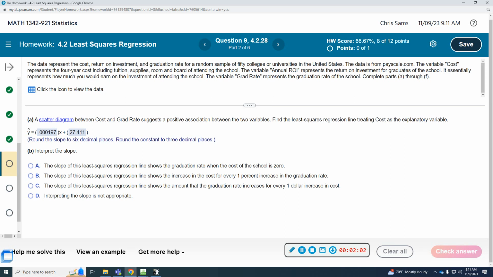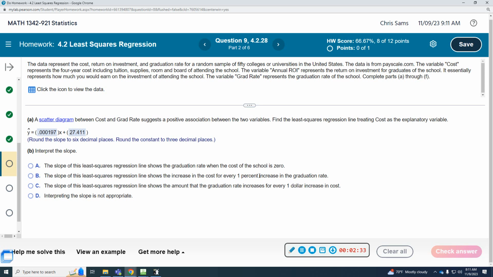All right, B says interpret the slope. So the slope says for every increase in the cost by $1, we predict the grad rate to increase by 0.000197 on average. The slope shows the graduation rate when the cost is 0. Not appropriate. The slope shows the increase of cost for 1% increased graduation.